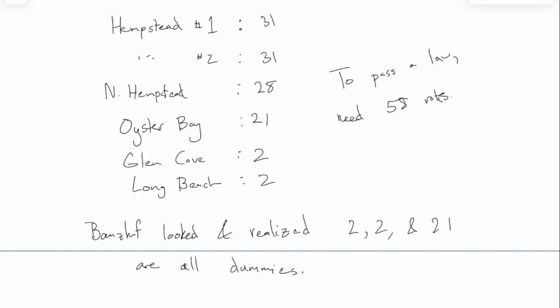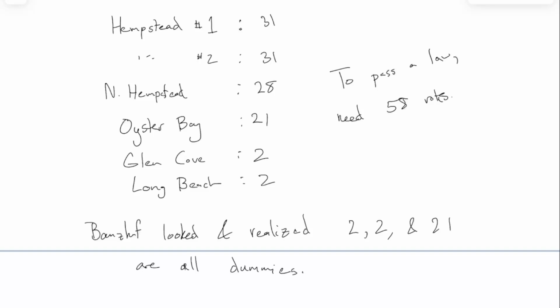That means everybody who lives in Oyster Bay, Glen Cove, and Long Beach, technically they are allowed to vote, but their votes don't ever matter for anything. And this is not the way it's supposed to work in a legitimate democratic system. You shouldn't have just like a bunch of people whose votes don't count. Everybody's vote should have an opportunity to mathematically influence the elections.